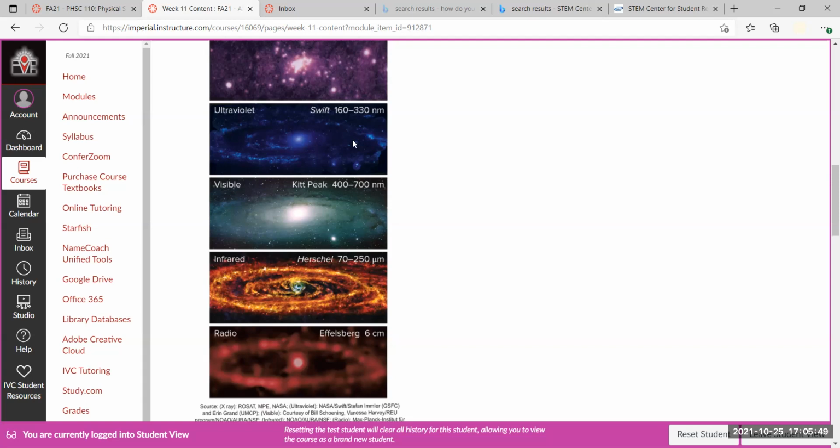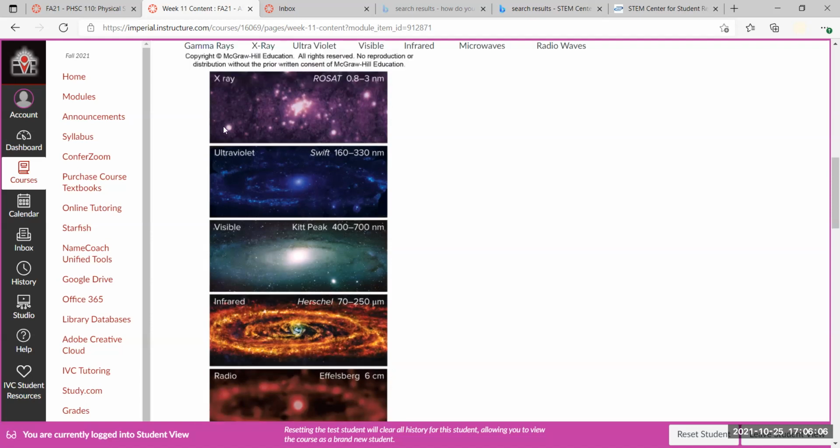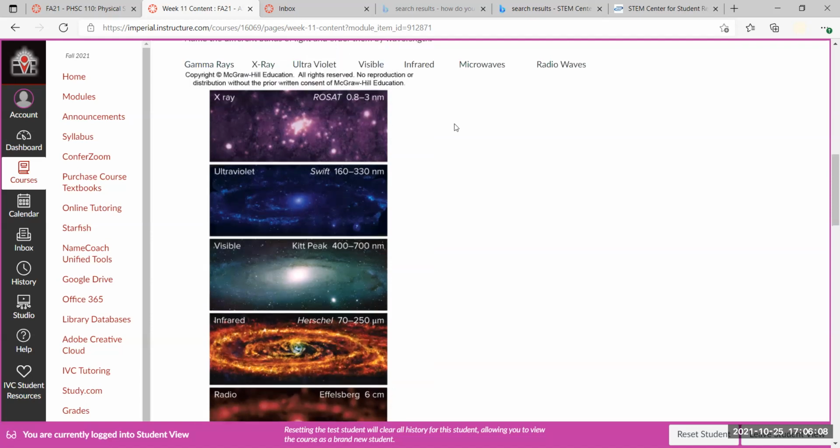So these are all computer enhanced images, where the computer analyzes the source in terms of different frequencies and gives us a color-coded image showing how it would look to you with your own eyes. Otherwise, we cannot see the UV radiation. We cannot even see the X-ray in here, okay?